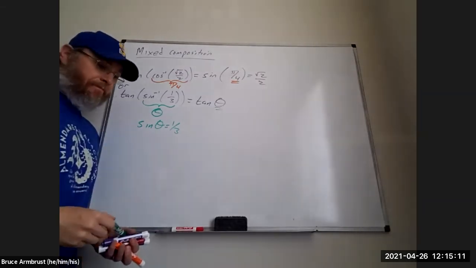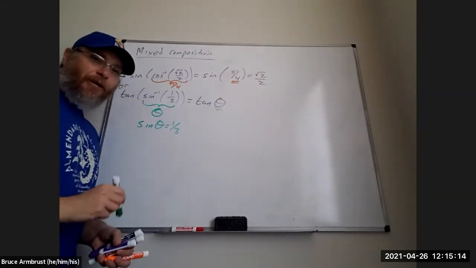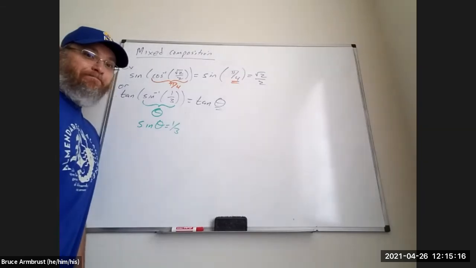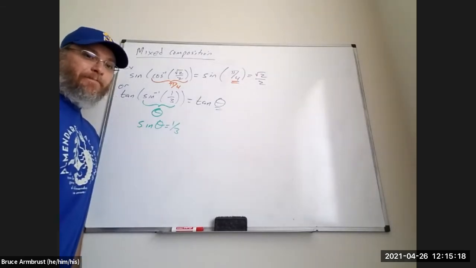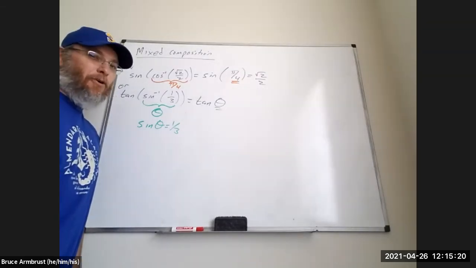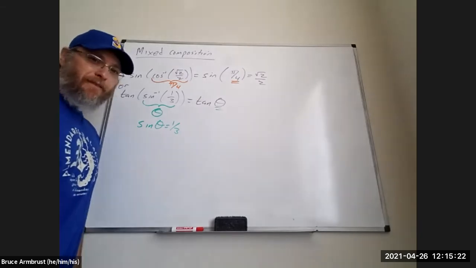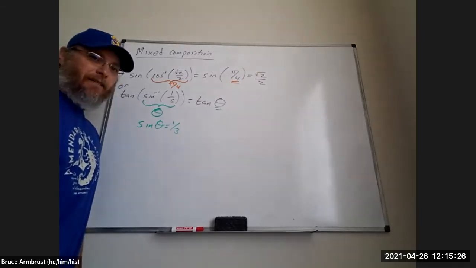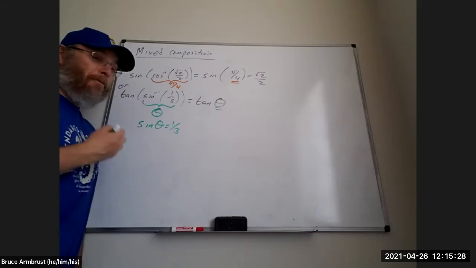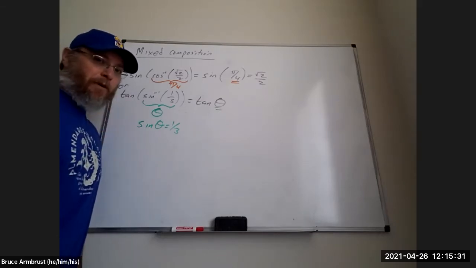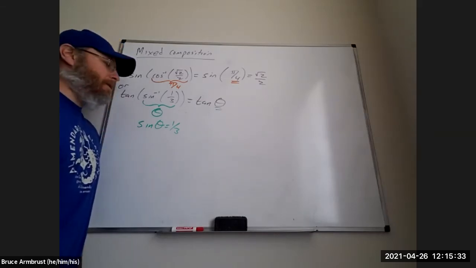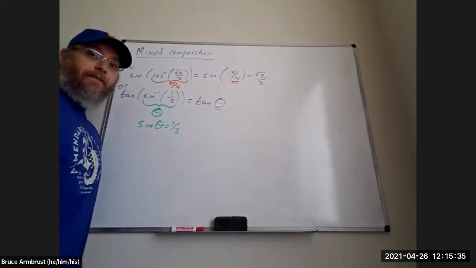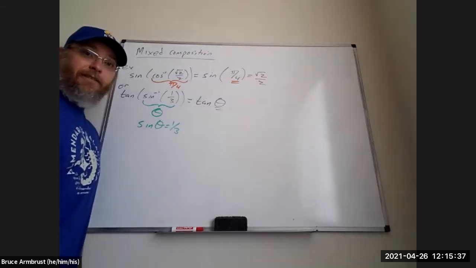Okay. Well, you know what? You've already done that. Oh, I know what you're thinking. But Bruce, this is the very first day we've talked about inverse functions. What do you mean we've already done that? Well, you remember those homework problems that said, here is the value of one of the trig functions.